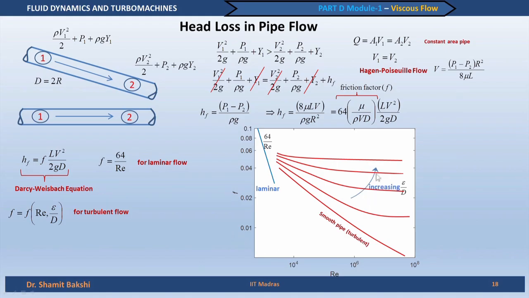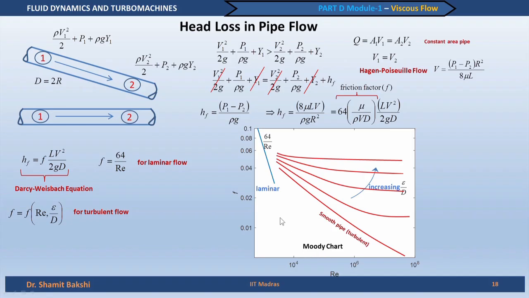Okay, so this is basically the direction of increasing epsilon by d, and now we can utilize this kind of a diagram very well for doing engineering calculations or estimates of what will be the frictional head loss in the case of a pipe flow. This diagram is also known as the Moody chart, which is tabulated and plotted by Moody, and that is why it is named after him.